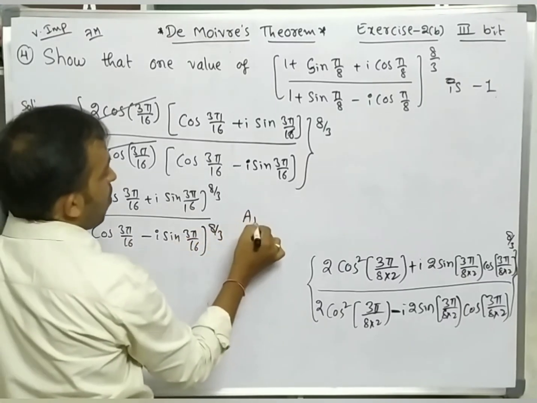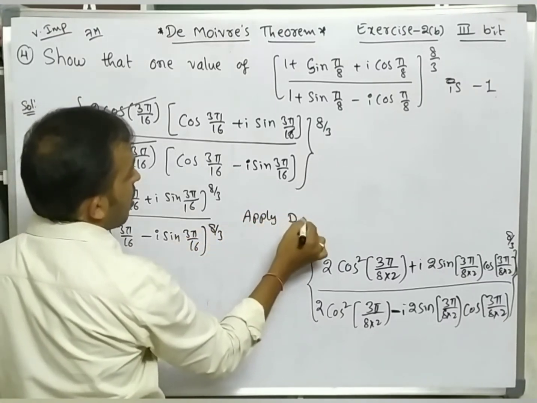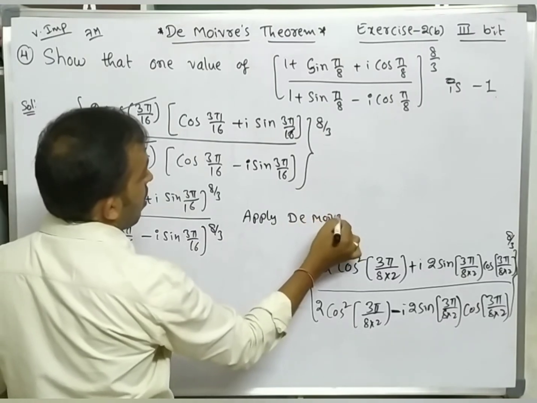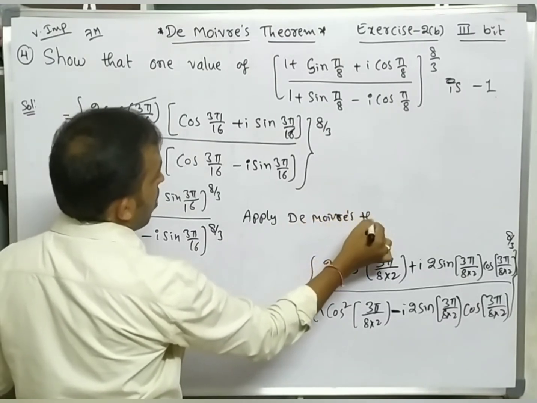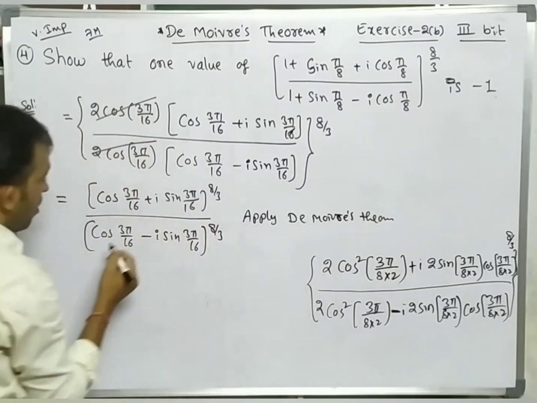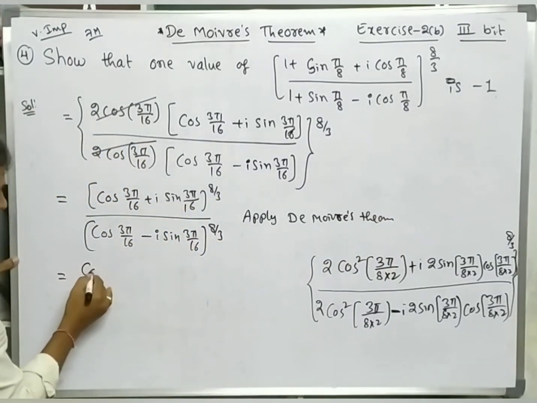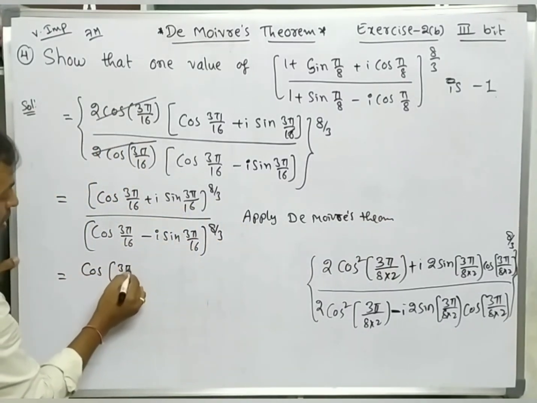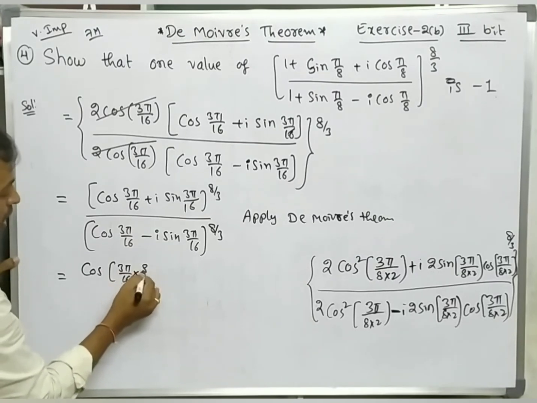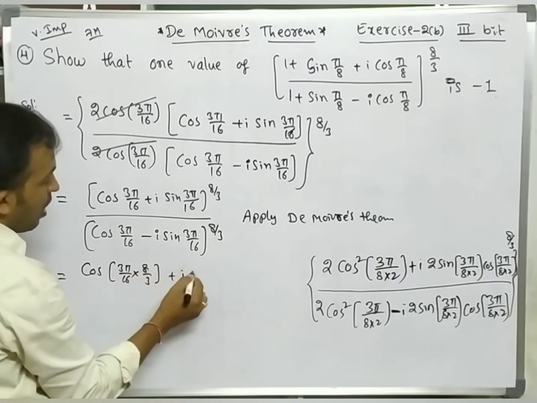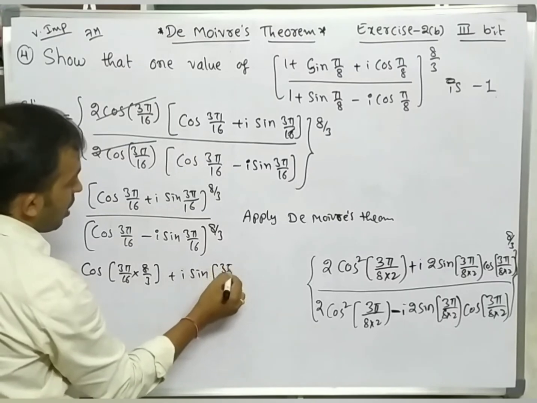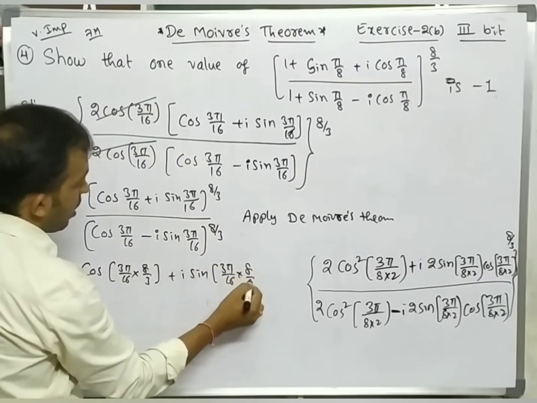Now apply De Moivre's theorem. What happens? Cos 3 pi by 16 into 8 by 3 plus I sin 3 pi by 16 into 8 by 3.